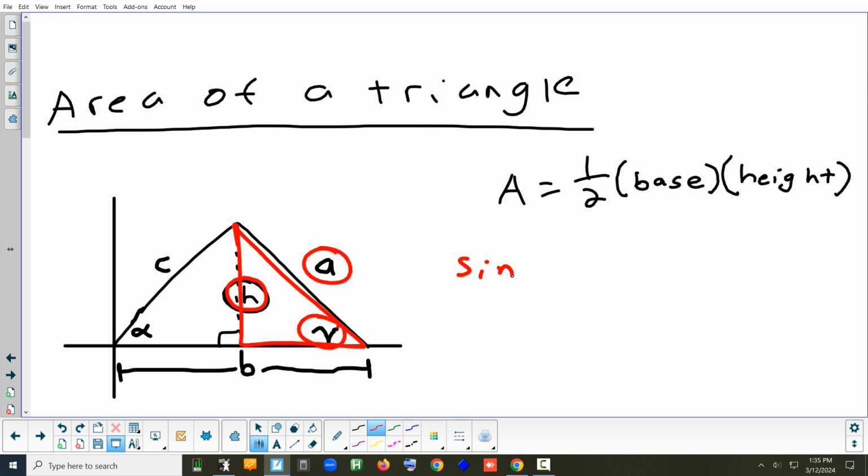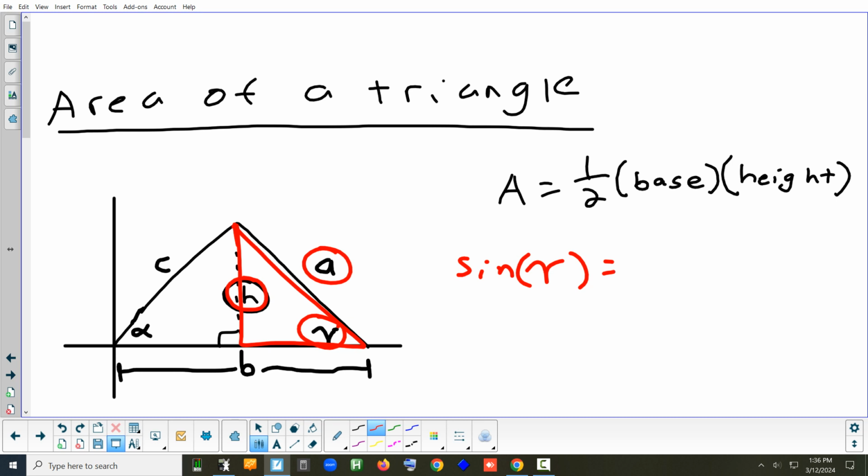So what we're going to do now is the same thing we did when we proved law of cosines. We're going to come up with something we're going to substitute in for the height. Okay. What's my angle? Gamma. And what side is opposite? H. And how about the hypotenuse?